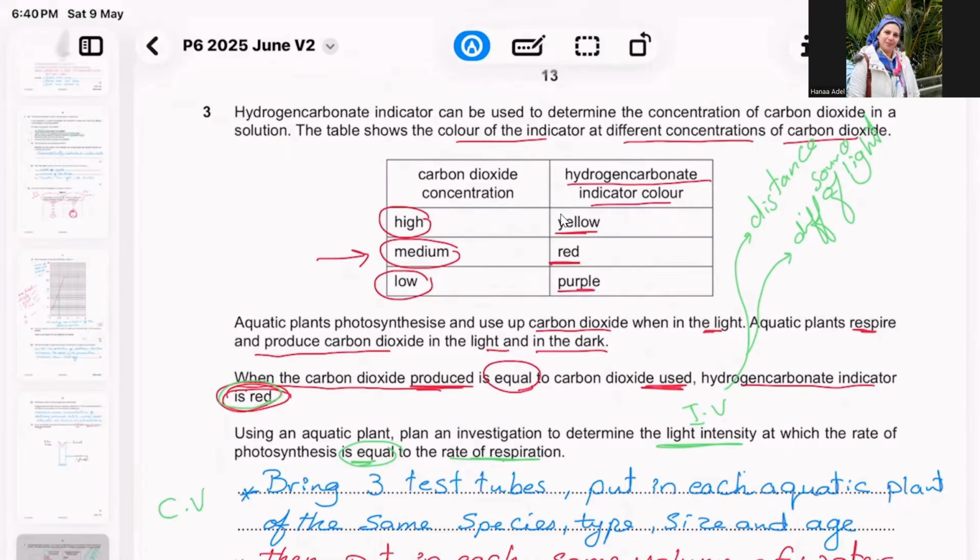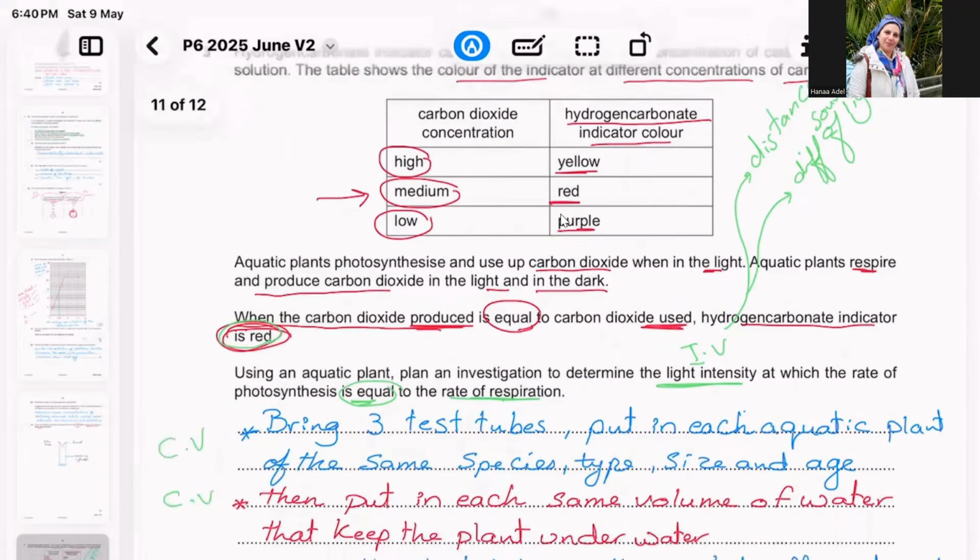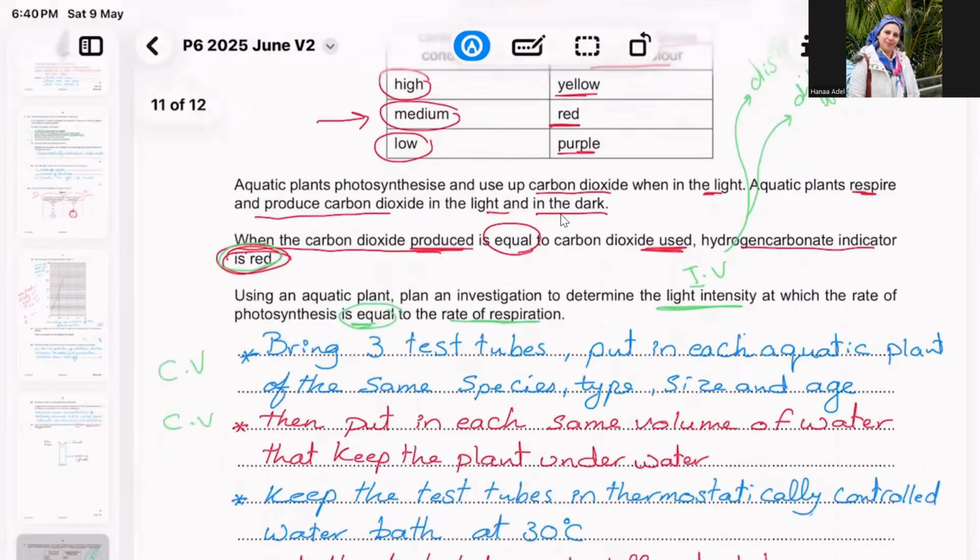Then put in each the same volume of water, also a controlled variable, and keep the plant underwater. Keep the test tubes in a thermostatically controlled water bath at 30 degrees Celsius. Also, this is a controlled variable and should be maintained using a thermostatically controlled water bath, or we can use an incubator. So both are correct.